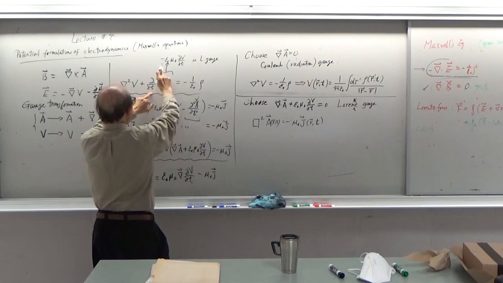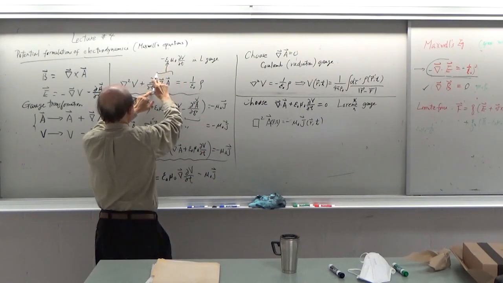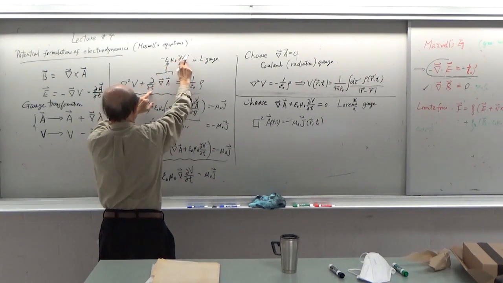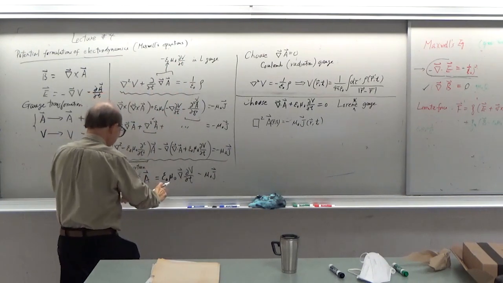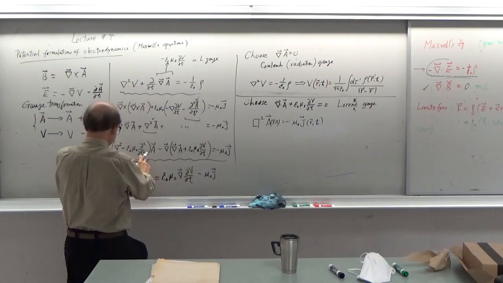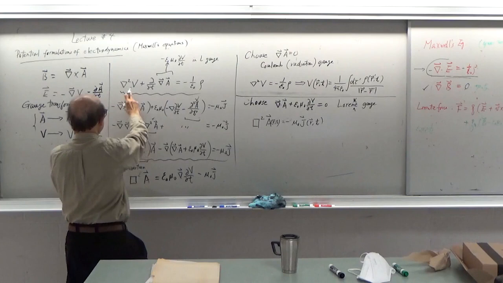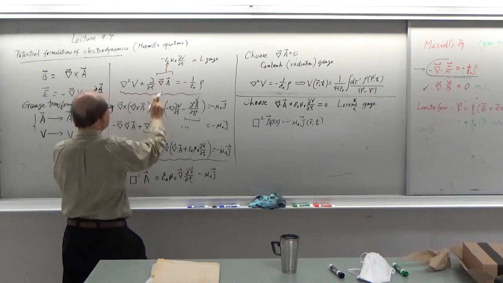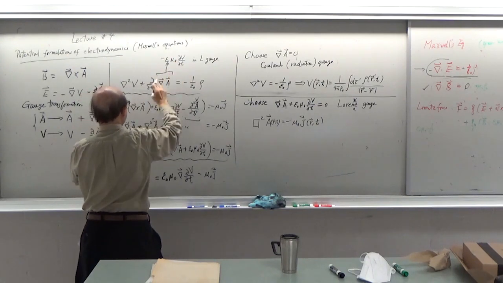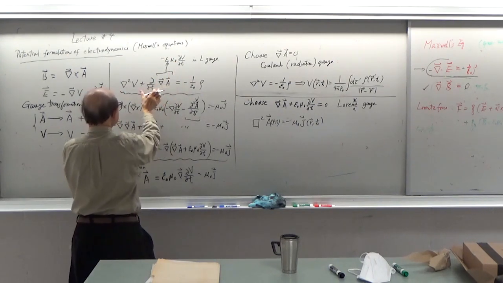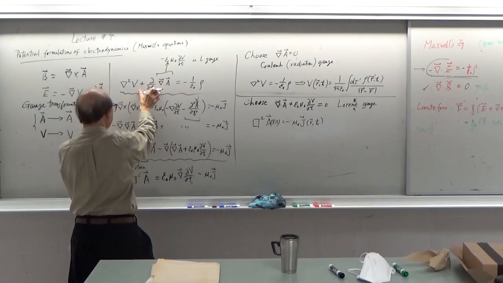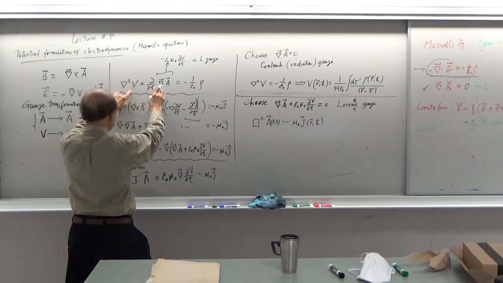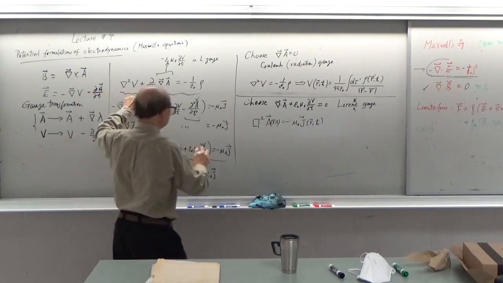So this term is minus epsilon naught mu naught del squared V by del T squared. That exactly is the combination. So I have the Laplacian minus epsilon naught mu naught del squared by del T squared, so these two terms combine into just one term. That's the derivation.